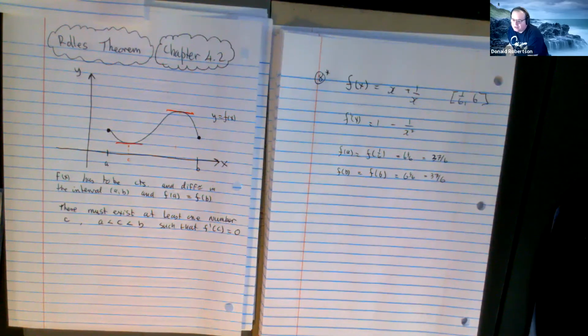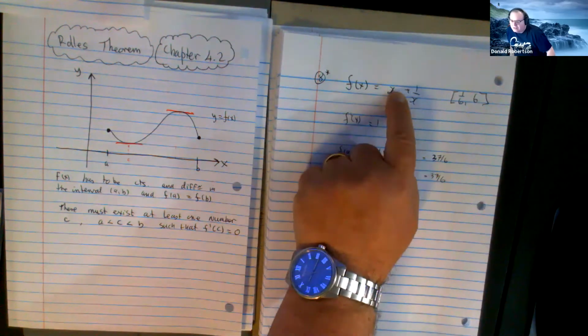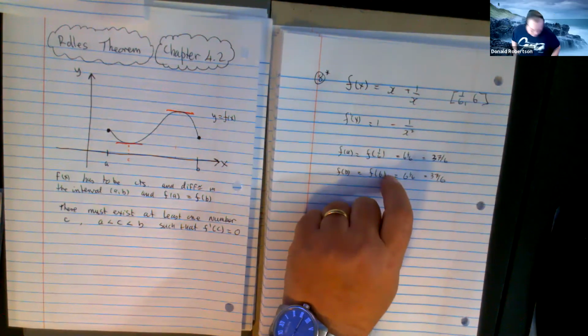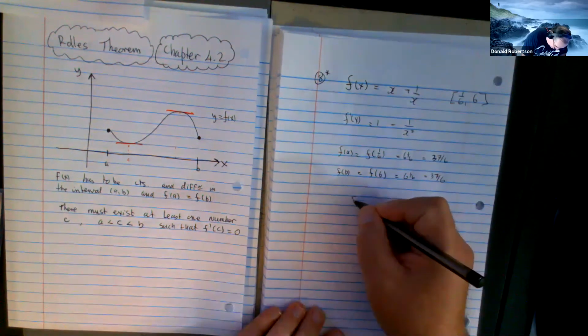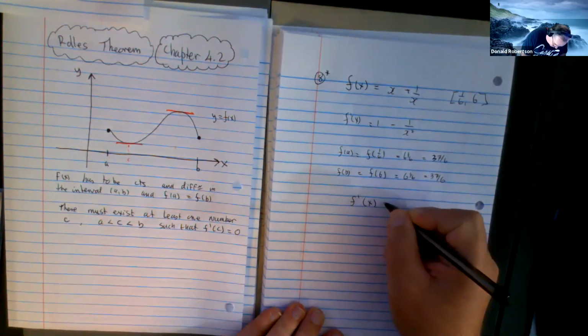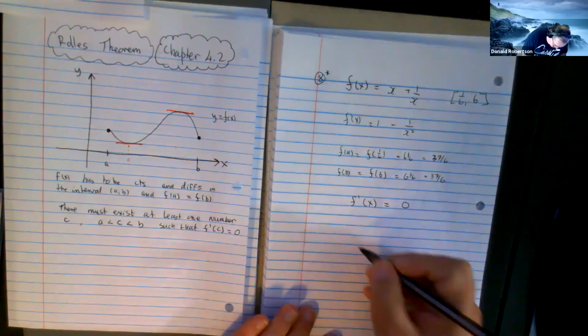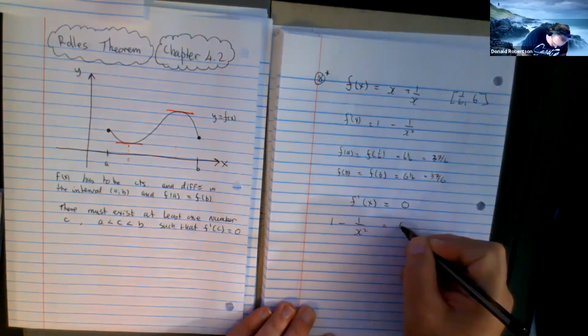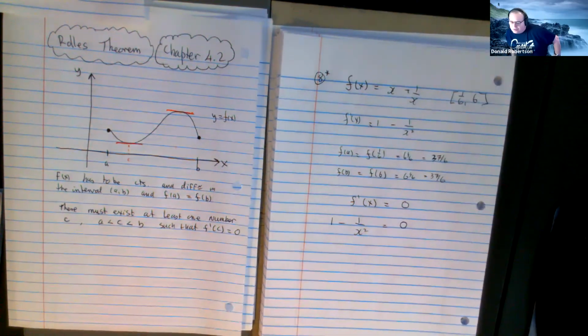Yep. That means Rolle's theorem is in operation. Continuous, differentiable, and the start and finish are at the same height. So that means there should be some place where the derivative is 0. There should be some place where the derivative is equal to that.